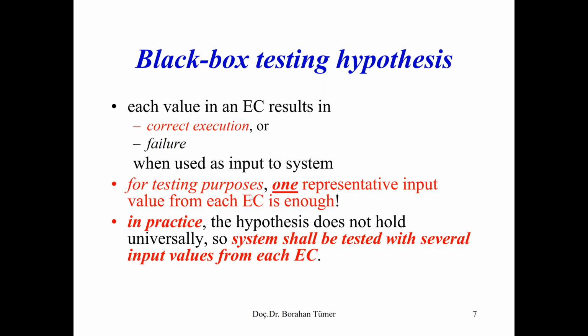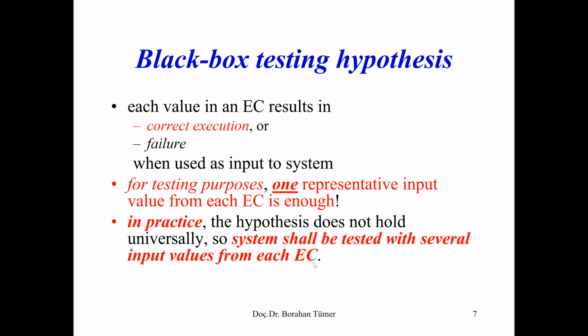For testing purposes, one representative input value from each equivalence class is enough. Well, this is theoretically so, but in practice, the hypothesis does not hold universally. So what does that mean? What we should deduce from that is that the system shall be tested with several input values from each equivalence class.